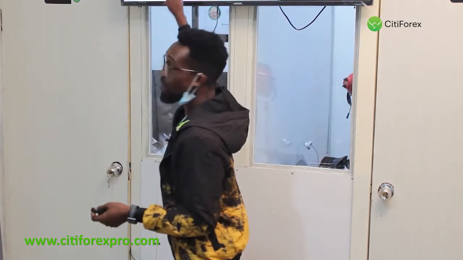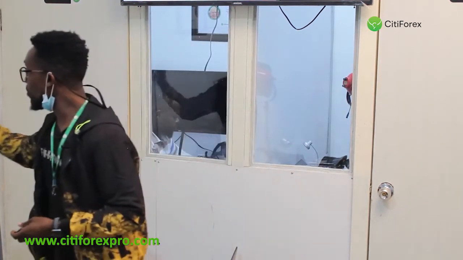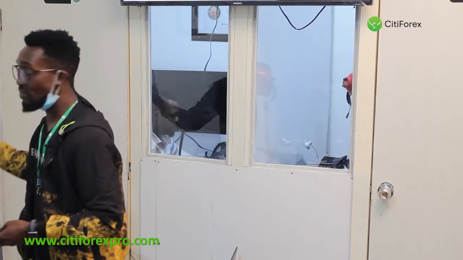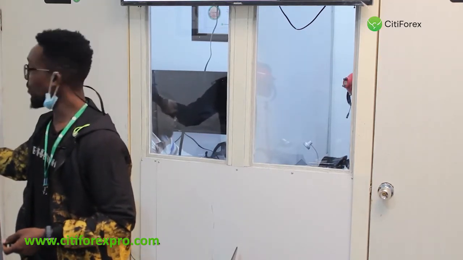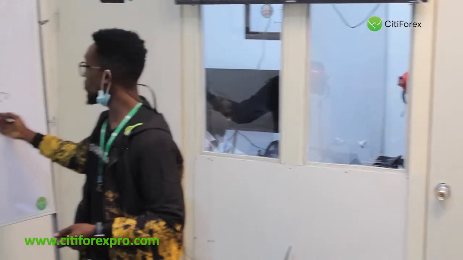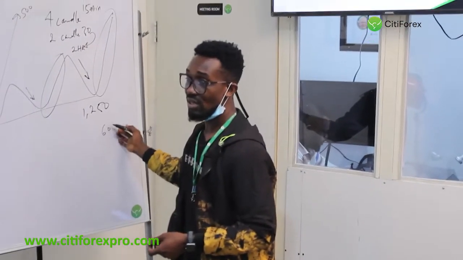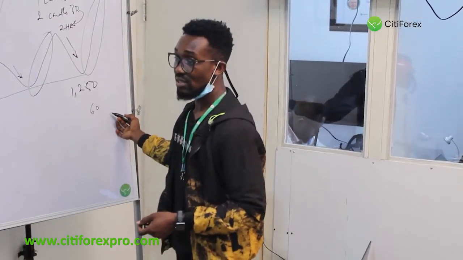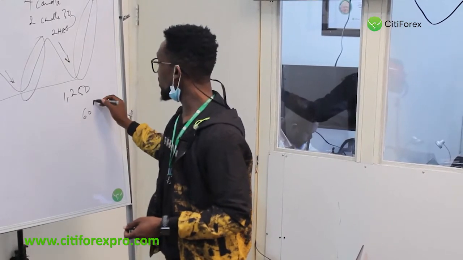You can't take big trades, and you cannot go for small targets. You can't go for 5-10 pips when your minimum is 1,250 pips. So if you're taking 5, you're going to take about 60 successful trades within 20 days. And we have not considered your losses.